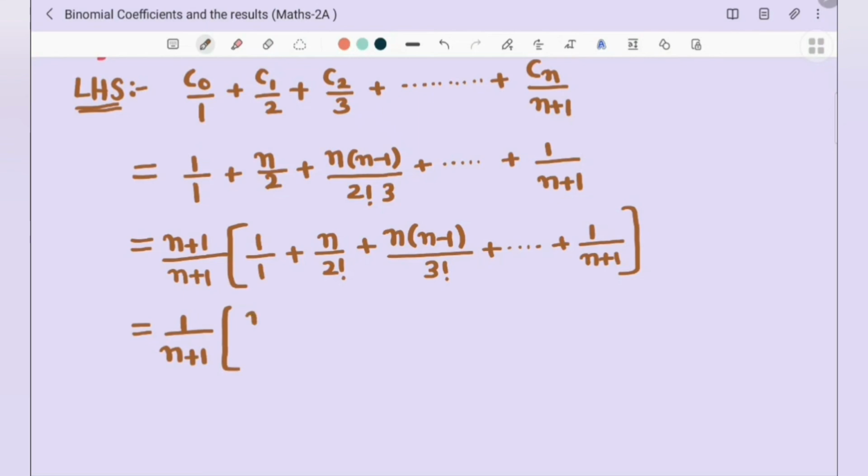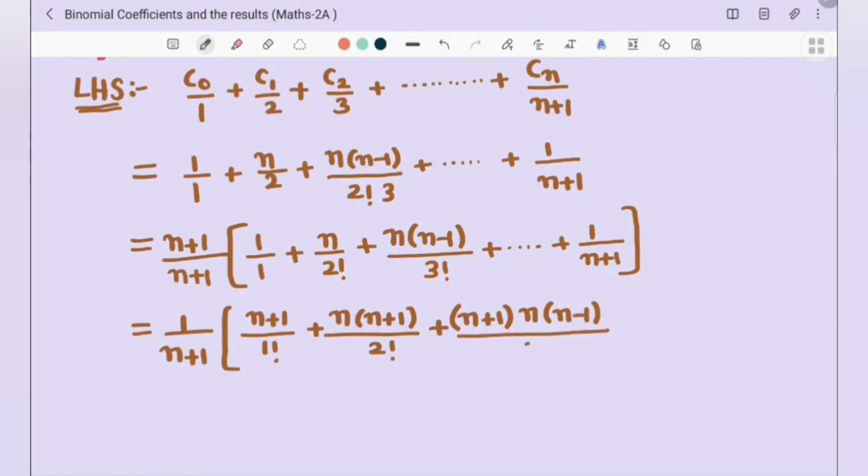So n plus 1 divided by 1 can be written as 1 factorial, plus n into n plus 1 divided by 2 factorial, plus n plus 1 into n into n minus 1 divided by 3 factorial, plus and so on, n plus 1 by n plus 1.